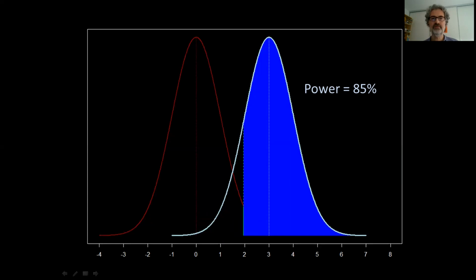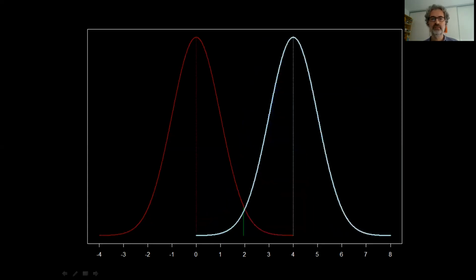What if the actual state of affairs was an effect of size 4? So the actual sampling distribution from the population was this one, and the mean of this sampling distribution was 4 standard errors away from the null mean. Your criterion is always here. The criterion is set on the null. So if you set the criterion at 5%, the same thing as before, this is where you cut things off.